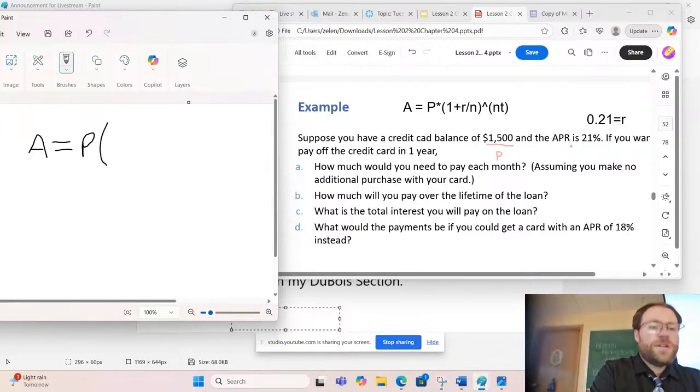So A is P times (1 plus r over n) to the nt power.